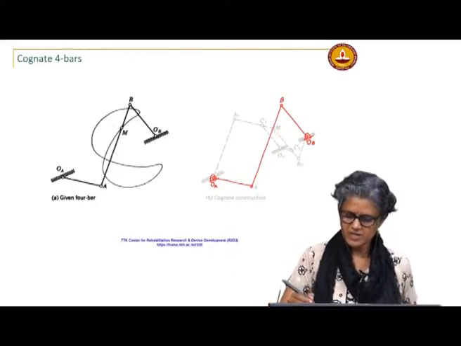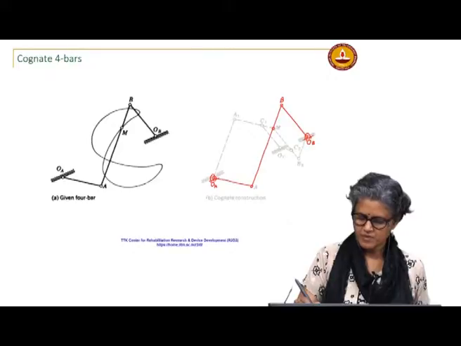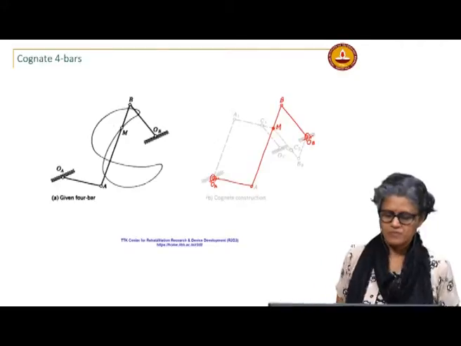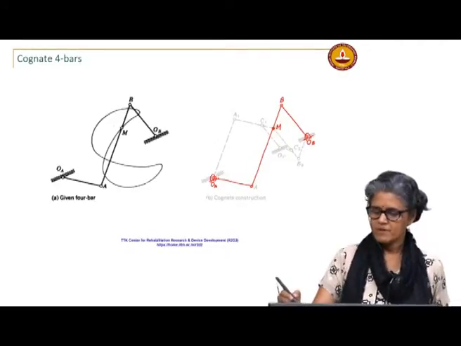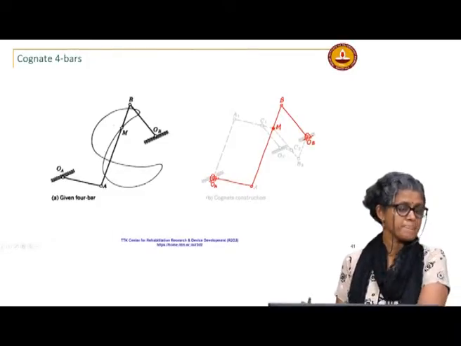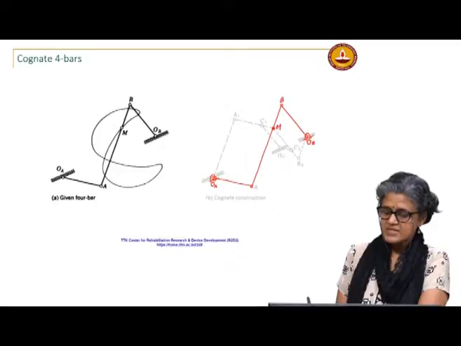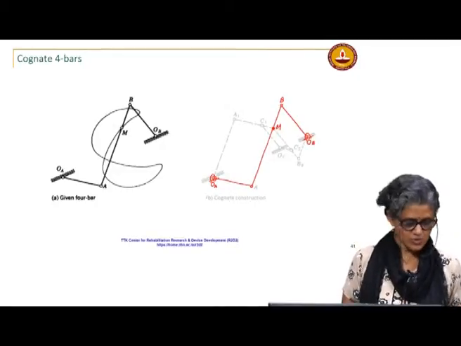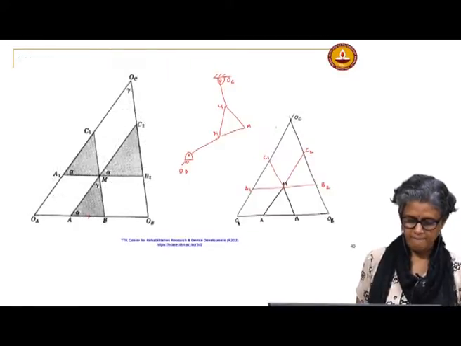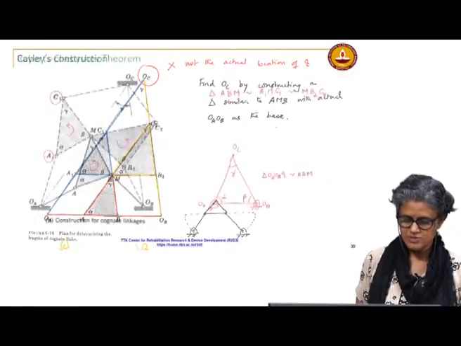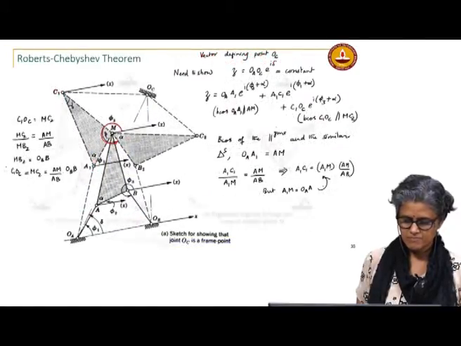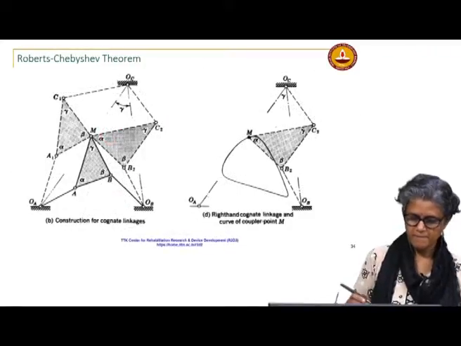This is your given linkage, this is the point M. Because we use the open circle for the pivot, this is just the coupler point M. Now, you want to construct the coordinates for this. So, look at this here. If you look at the original, let me copy that over.